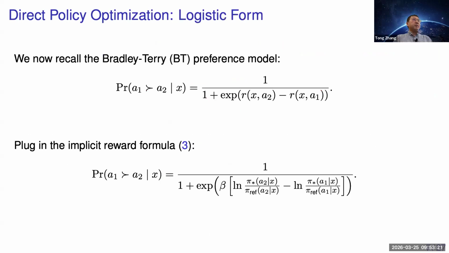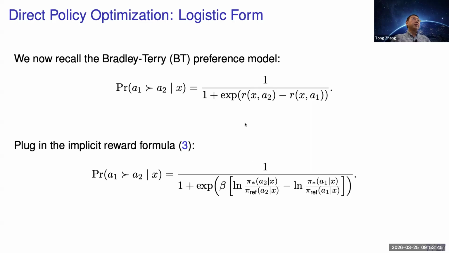Now let's look at that. Recall the BT model from the last lecture, which can train a reward model. For any reward, it's given by this. Because we have an implicit reward, all rewards can be parameterized by a policy. This can be a learnable policy, and this one is a reward.